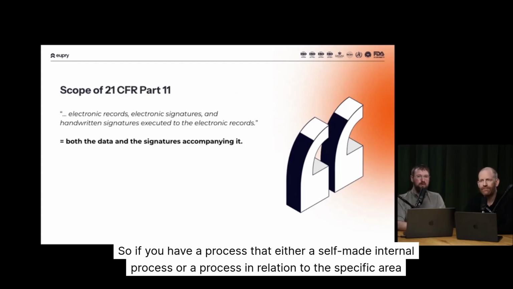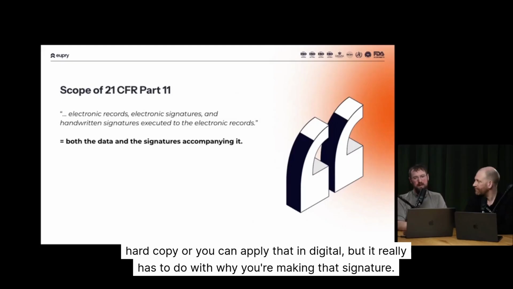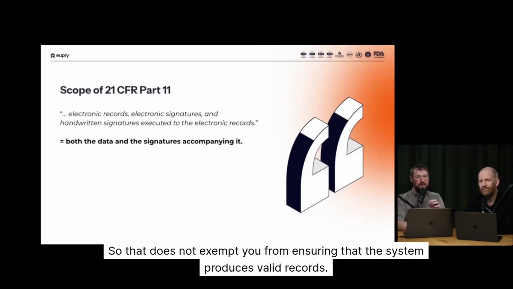If you have a process, either a self-made internal process or a process in relation to the specific area you're working in, where you need to review and sign, you can either apply that signature on hard copy or in digital, but it really has to do with why you're making that signature. So that does not exempt you from ensuring that the system produces valid records.